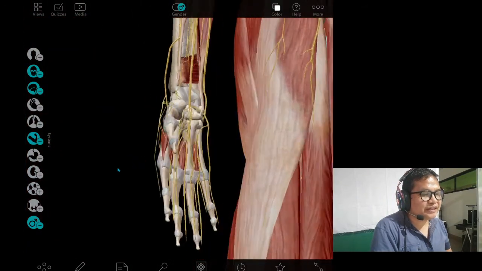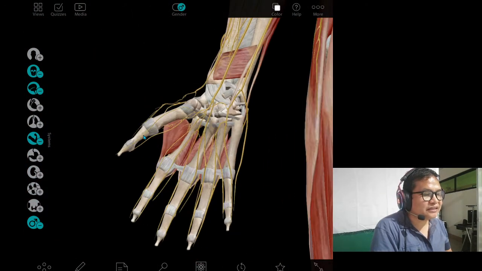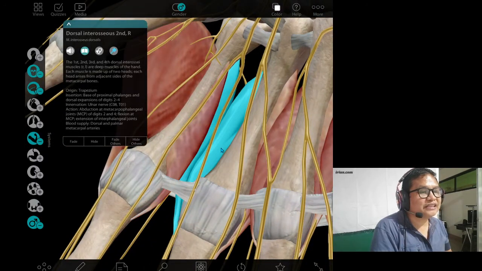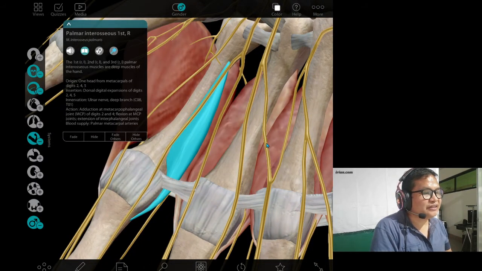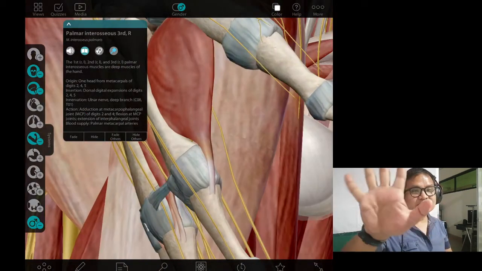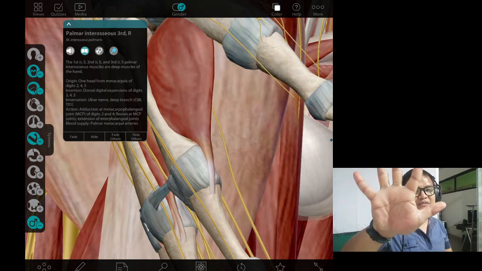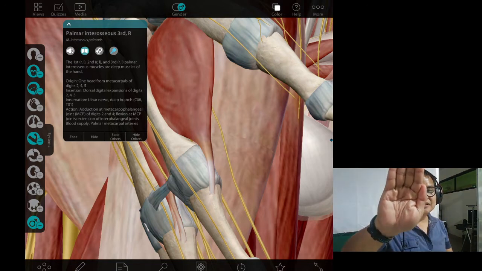It's for abduction of the digit. And then there's the palmar interossei. The function of the palmar interossei is for adduction of the digit. So the dorsal is for abduction, the palmar is for adduction.